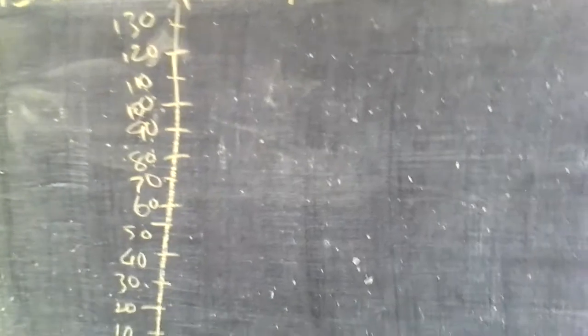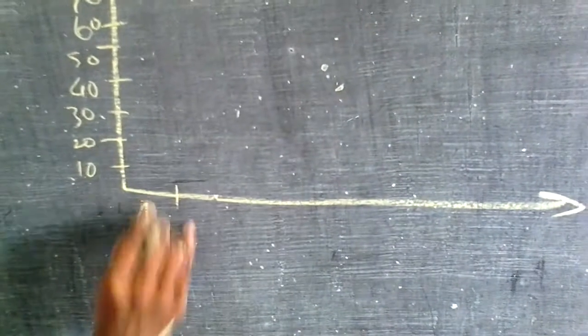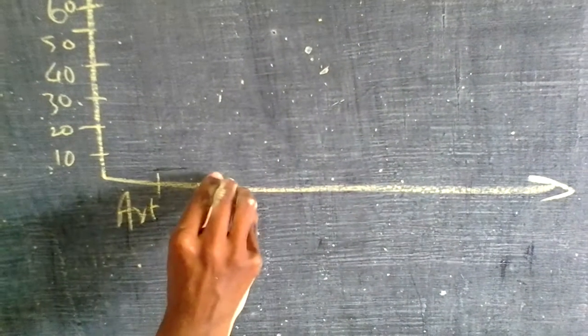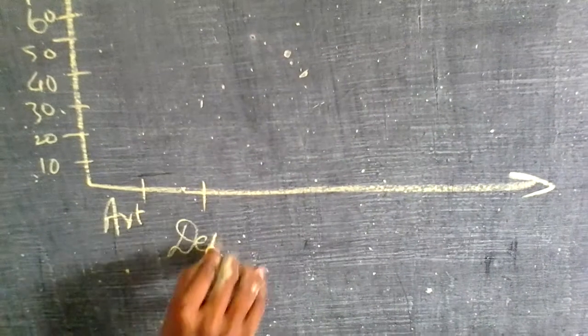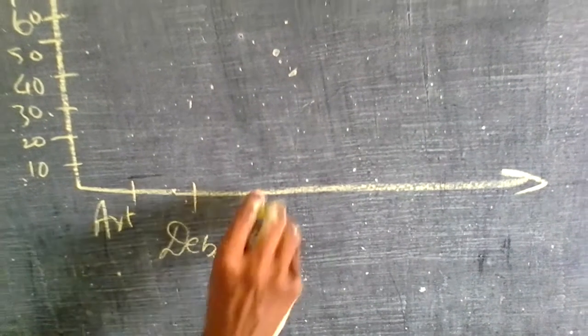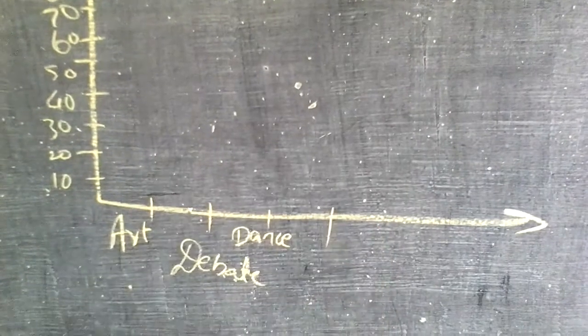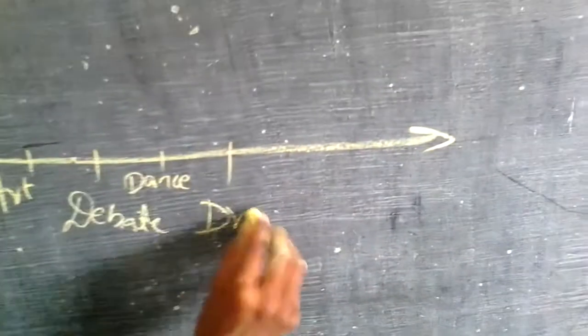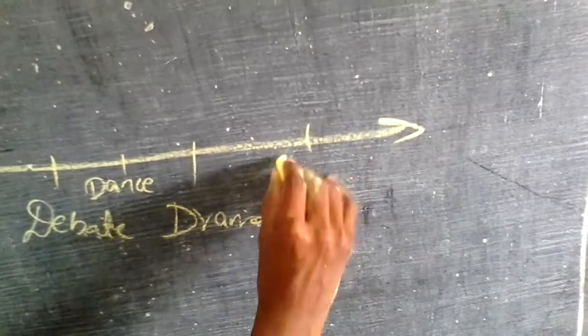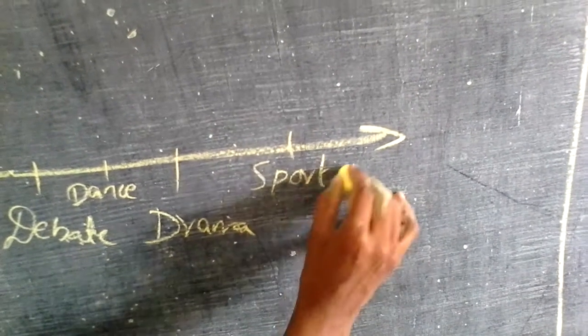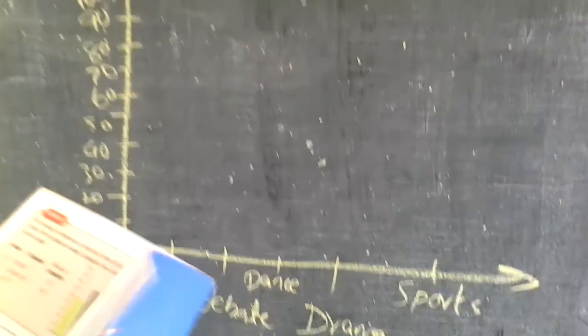The next thing is the 5 club names they have given: art, debate, dance, drama, and sports. Let me have art here, debate here, then dance, drama, and sports. Right. So what we have to do is draw a bar graph.